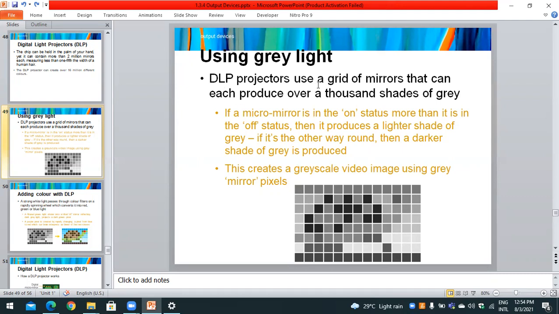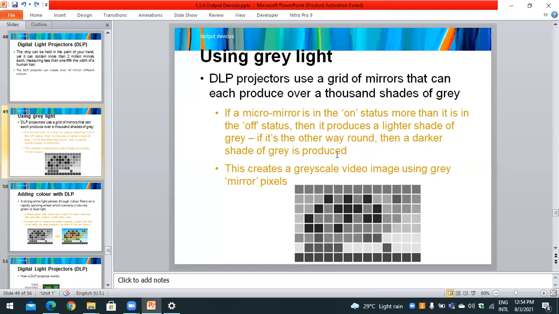Okay, DLP projector uses a grid of mirrors that can each produce over 1,000 shades of gray. So again, what is the micro mirror doing, in on state or off state, when it is producing a lighter shade of gray, it is the other way around when the darker shade of gray gets produced.